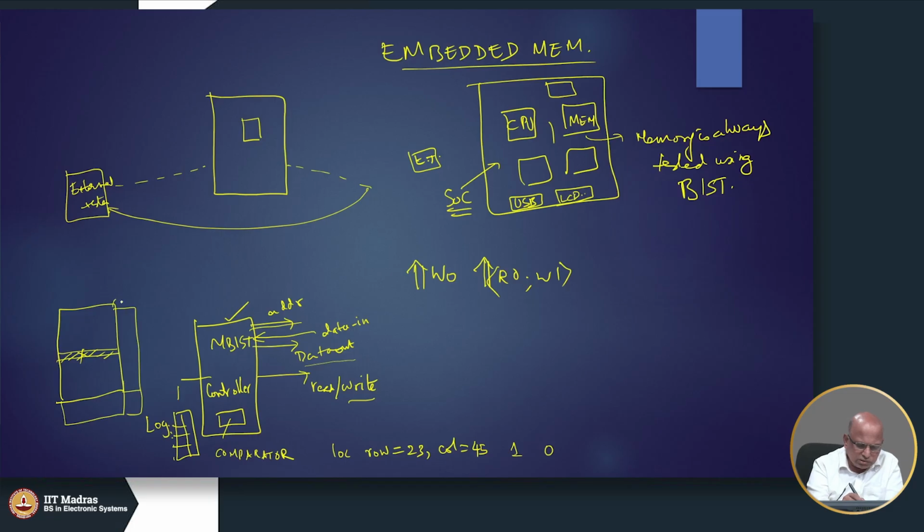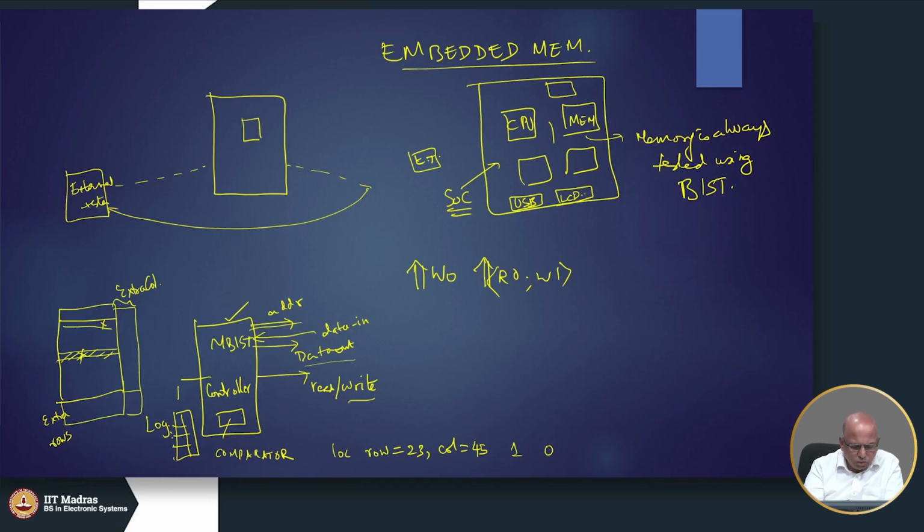Okay. So these are extra rows, and extra columns. So these errors are getting logged. There is an error here, there is an error here.